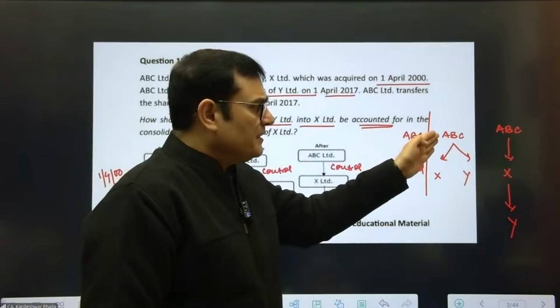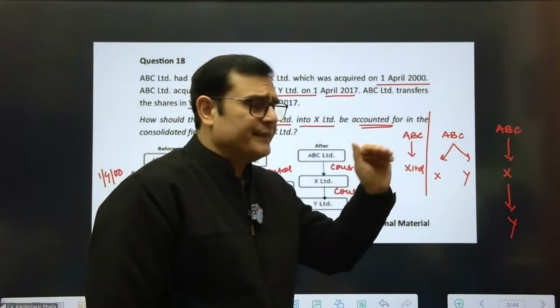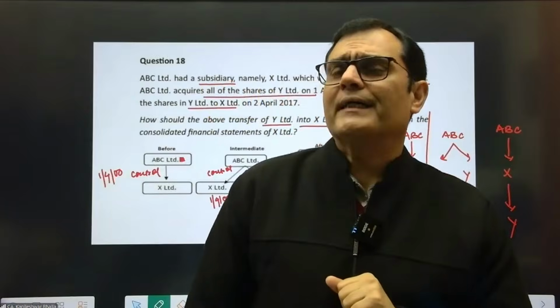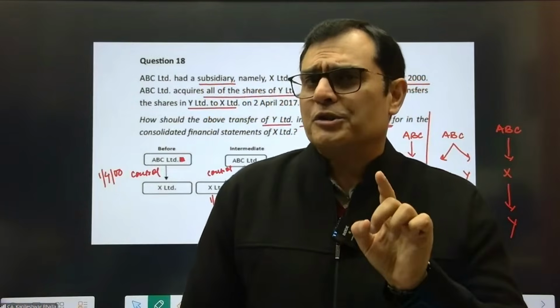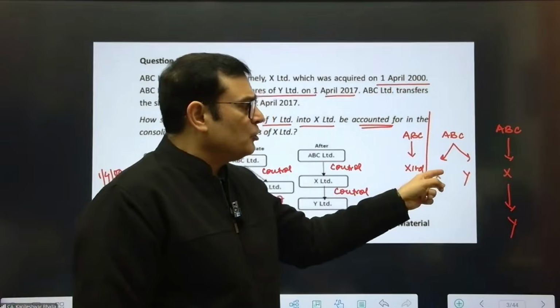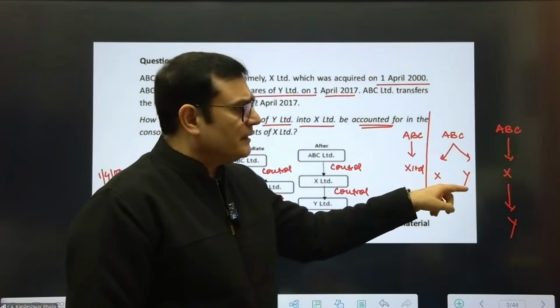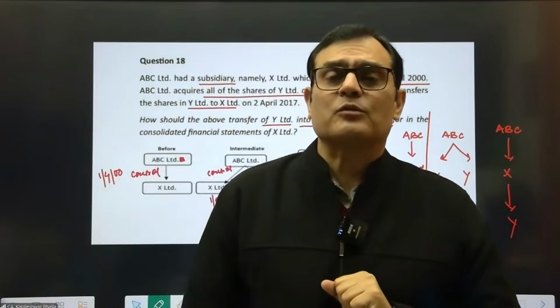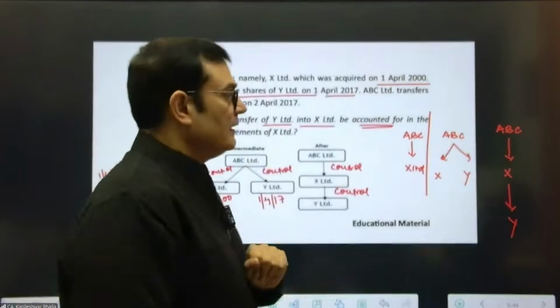I would question ABC, why did you acquire Y? You could have told X that he can acquire Y directly. I'll put a question to ABC: why did you acquire company Y? You could have told your subsidiary to directly acquire Y. Why did you do this? I'll tell you, boss, why you did this.